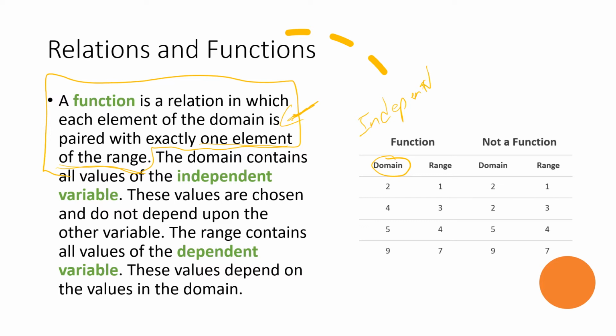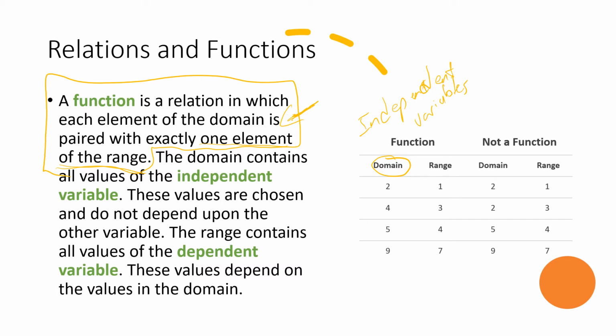These values are chosen and do not depend on the other variable. That's an important thing. We're going to see that here in just a little bit. These are chosen values and they do not depend on the other variable.